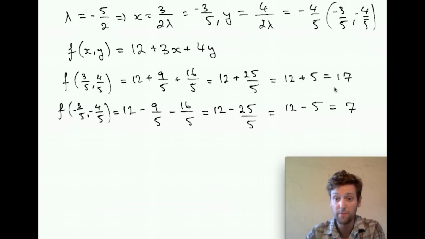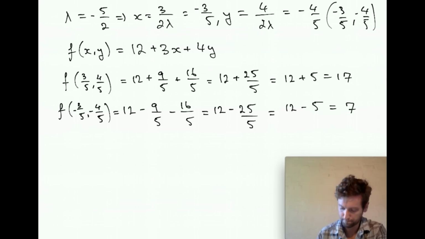So you can see that it's now obvious which of these points is the maximum and which is the minimum. The point 3 over 5, 4 over 5 has a value of 17, so that's the maximum. The point minus 3 over 5, minus 4 over 5 has a value of 7, so that's the minimum.